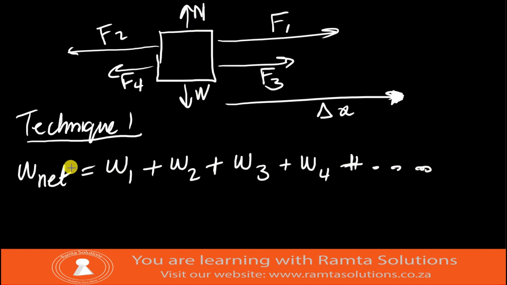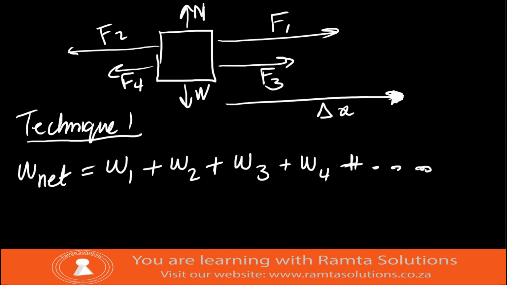This is the first technique, where you calculate the work done by each force acting on the object. You might as well add work done by normal force and weight, but it will be 0, so don't waste your time. It's always 0, especially if the object is moving horizontally. So this is technique 1.